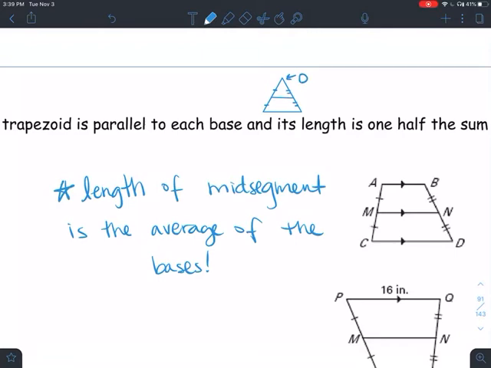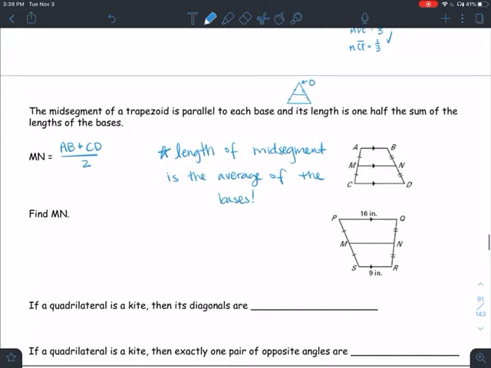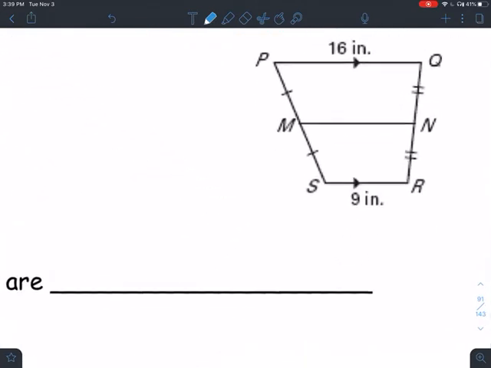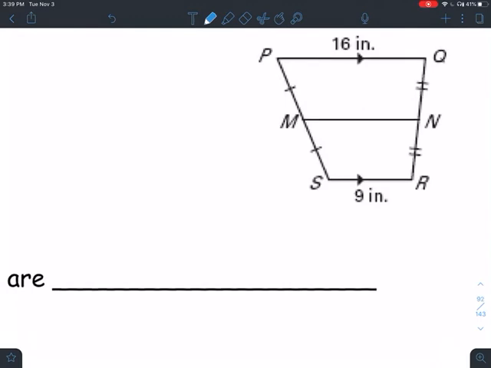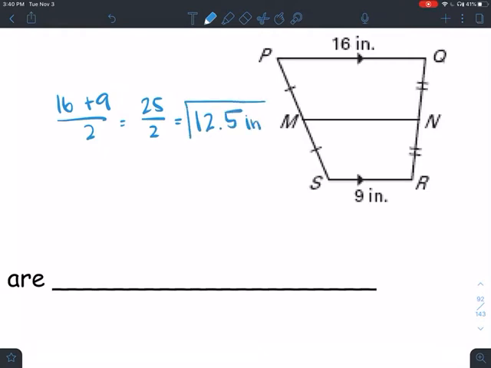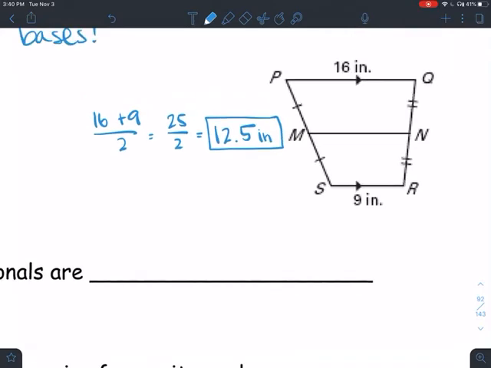So it was still essentially the average of the bases, but one of the bases happened to be 0. So if I want to find the value of MN in this case, I'm going to do 16 plus 9 over 2, which is 25 divided by 2, or 12.5 inches. Don't forget your units if they need it.